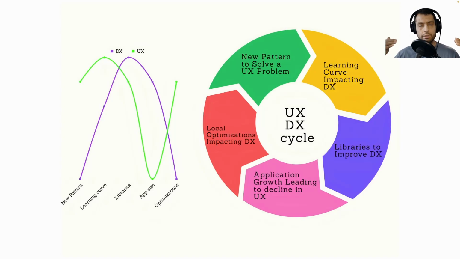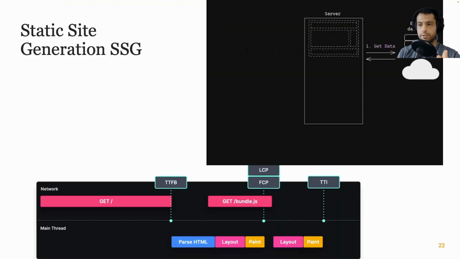However, applications start to grow because now you have all of these dependencies, and then you start doing local optimizations in order to bring the performance of the applications up, which leads to downgrades of the developer experience because now you have to think about performance each step of the way. And this cycle repeats.